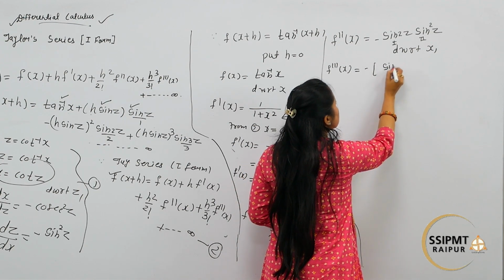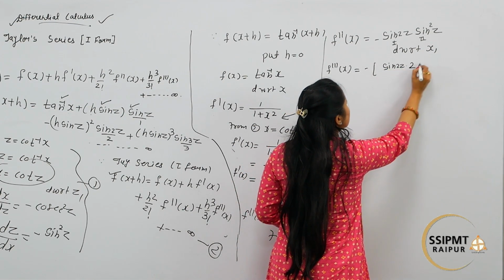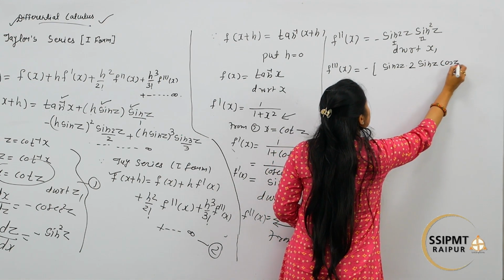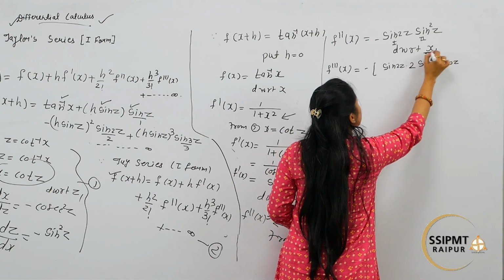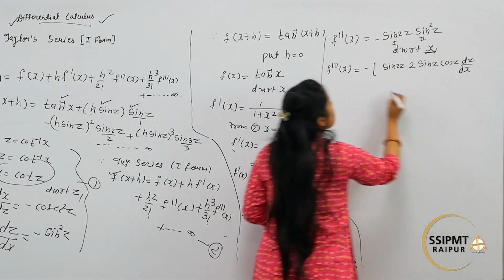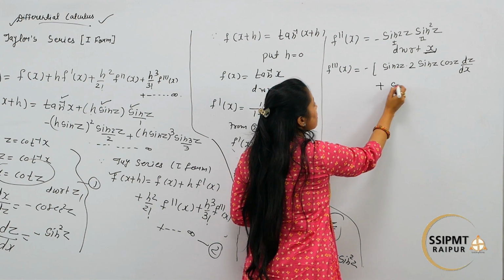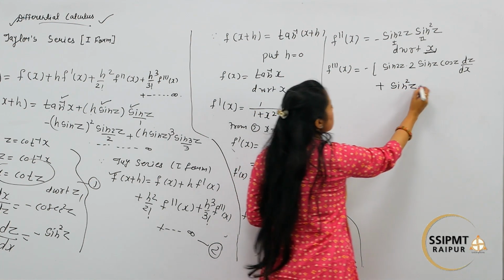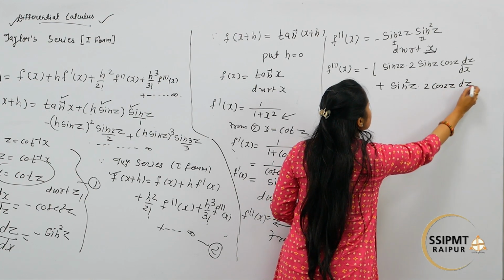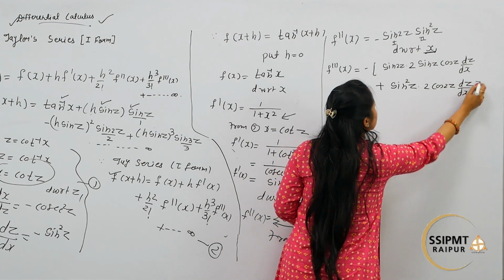So it will be sine 2z into 2 sin z cos z, since we are differentiating with respect to x, therefore dz by dx, plus sin square z into 2 cos 2z dz by dx.